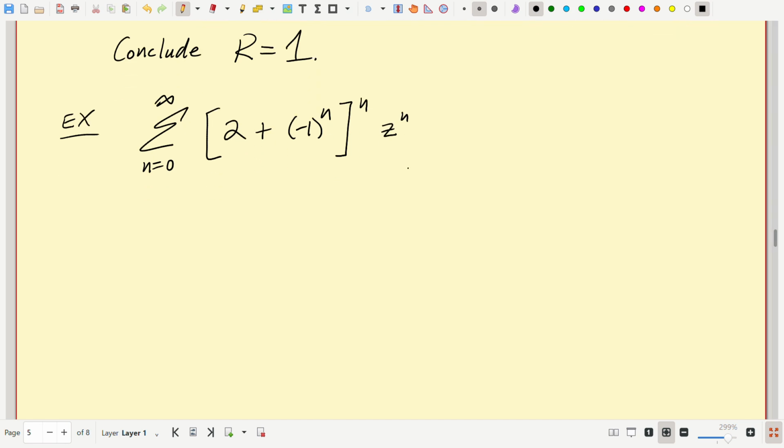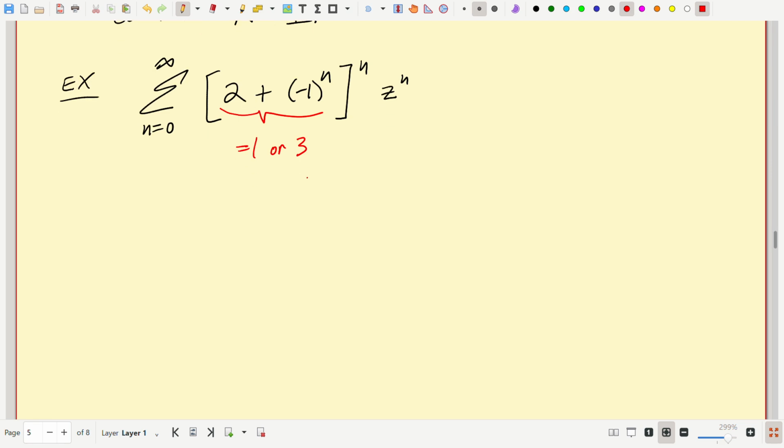That's kind of two series in disguise. That coefficient in there is either, let's see, what is it? It's either going to be 1 or 3, right? This equals 1 or 3. It's equal to 1 if n is odd, and when it's 0, this would be 3.